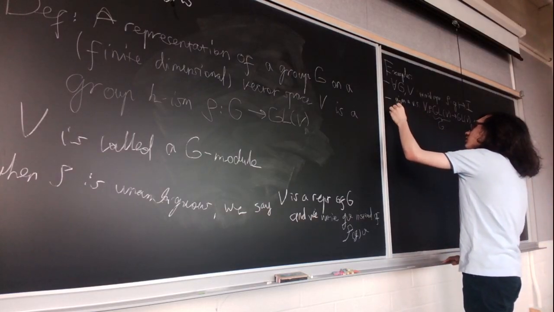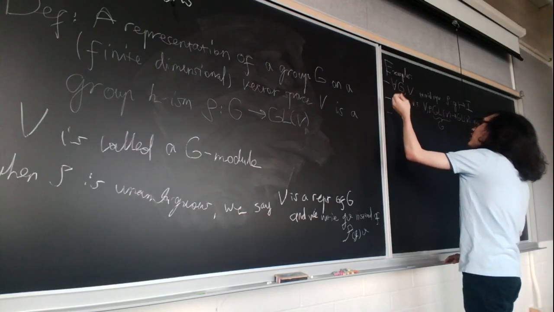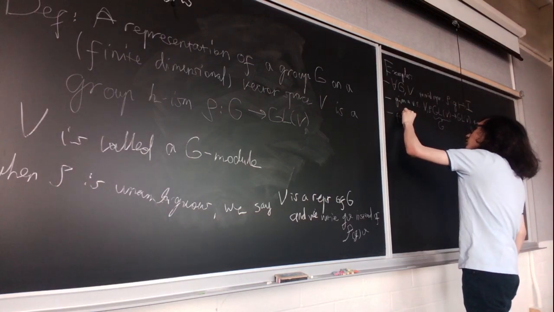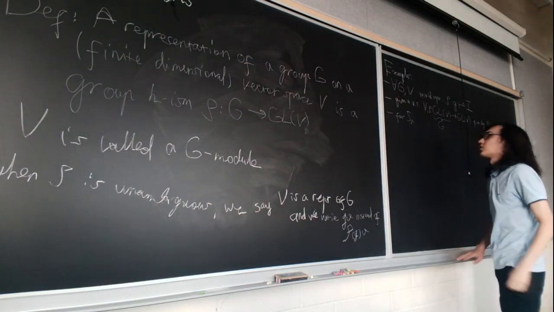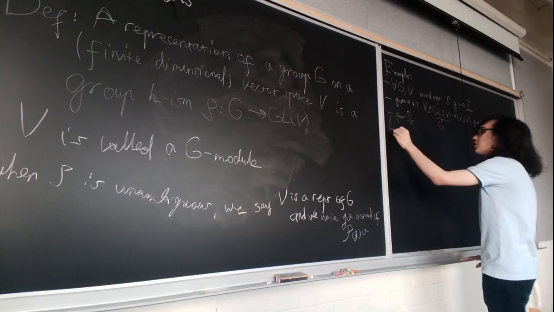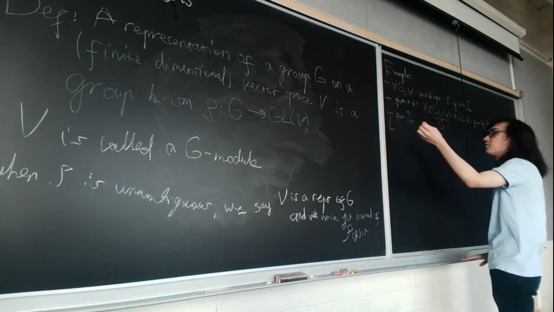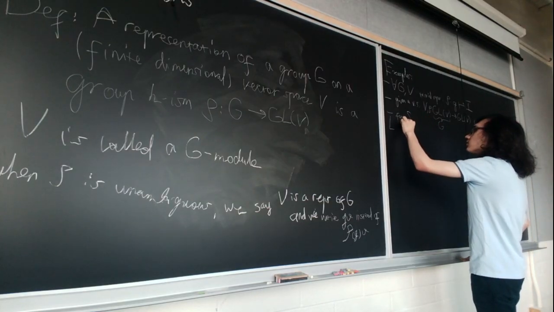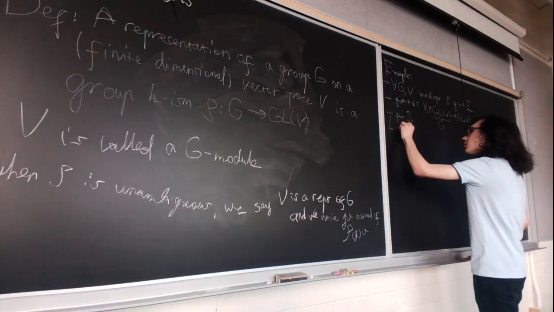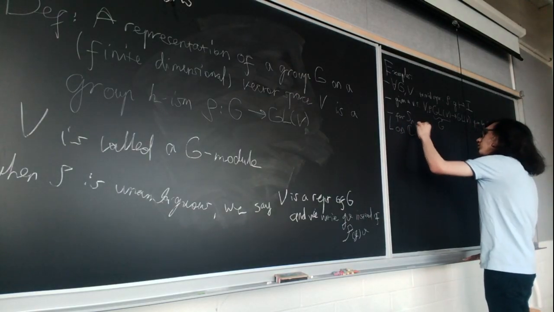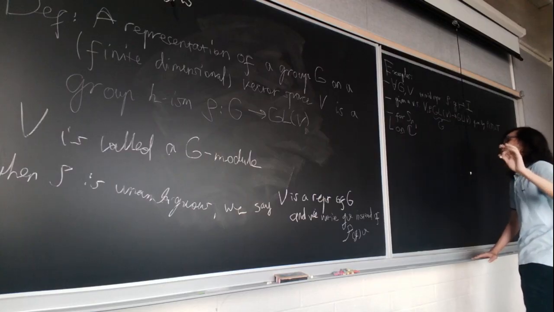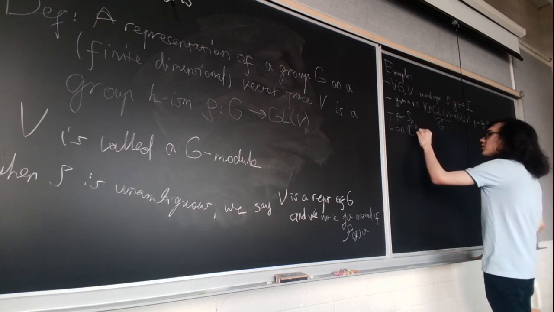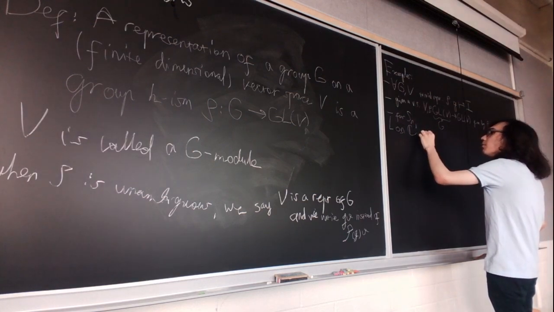For finite groups, let's look at the symmetric group S_n. There are two nice representations that one can think of. First, on a one-dimensional vector space, C^1. For finite groups, you usually want to look at complex vector spaces, or at least that's what Fulton and Harris do, because there are nice lemmas.